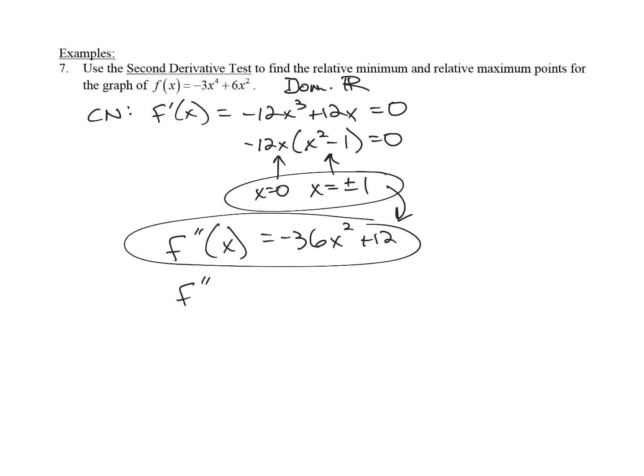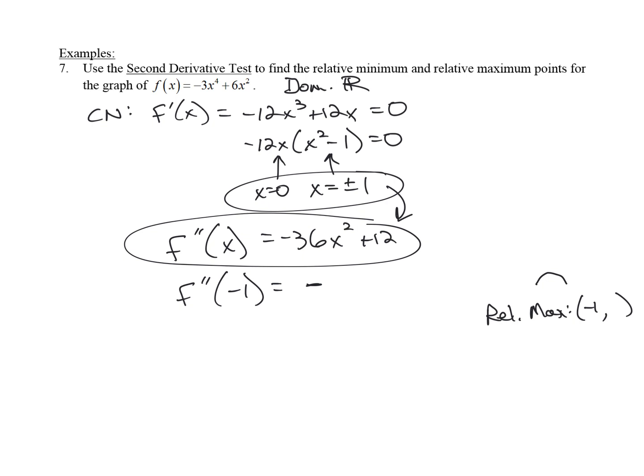So f double prime of negative 1. Plug in a negative 1 there, what do you get? Positive or negative? Negative. So what does that say? Remember, that means the graph looks like that. So what does that say about x equals negative 1? It's a maximum. So we have a relative max at negative 1, comma, whatever.